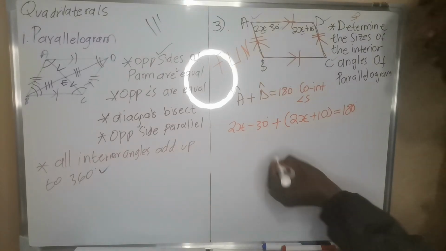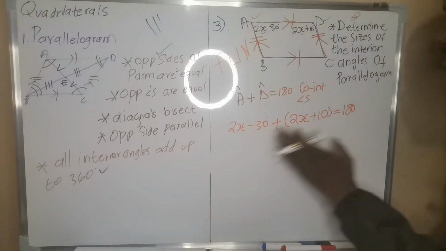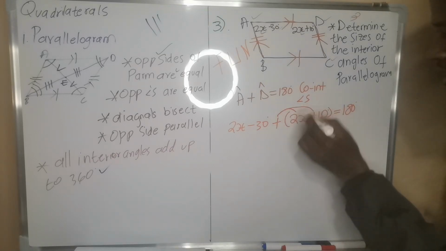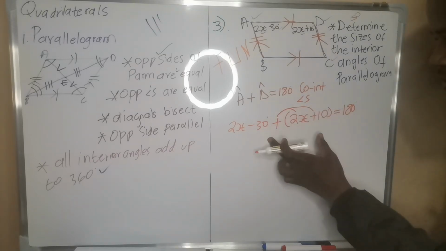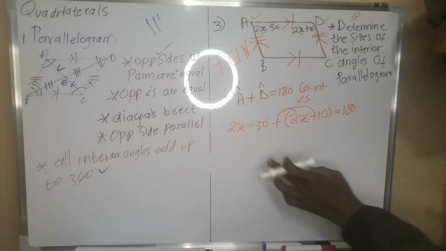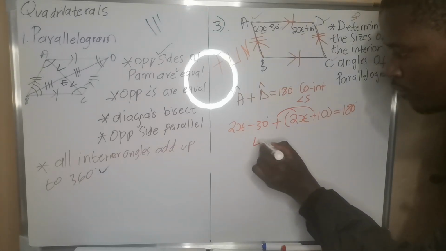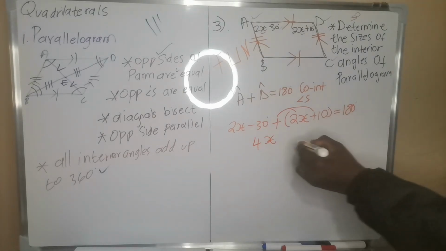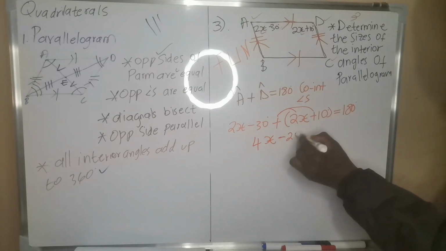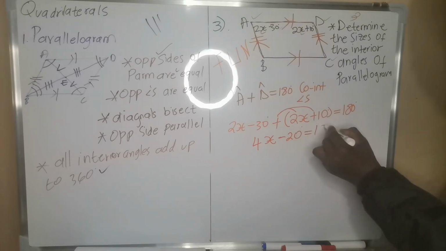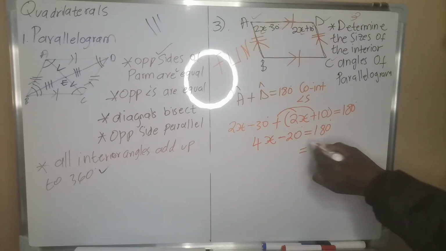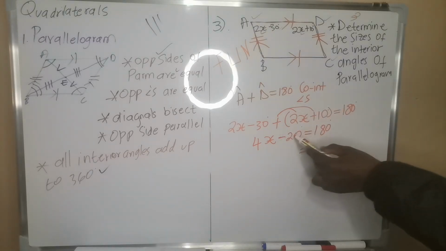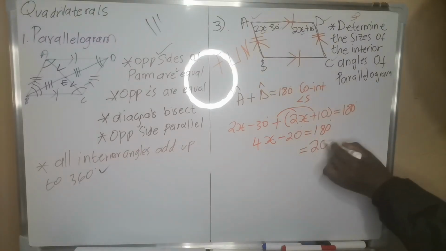Then you solve for x again. Now you simplify. This positive is going to multiply each and every term inside the bracket. Positive times positive is positive. 2x plus 2x, 4x. Like terms again. Negative 30 plus 10 is negative 20, equal to 180. Then I transpose this negative 20 to the right. It's going to be 180 plus 20 is 200.